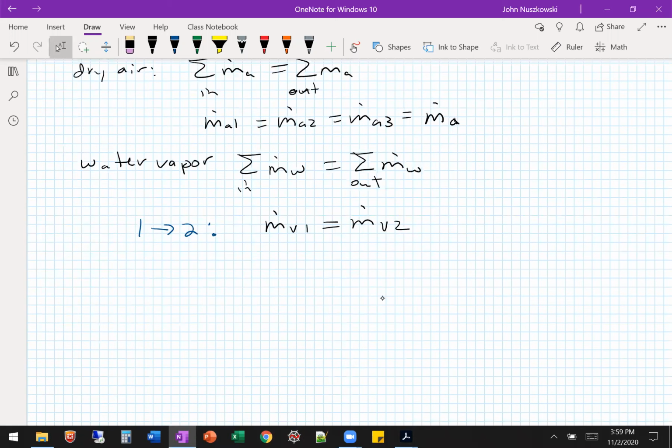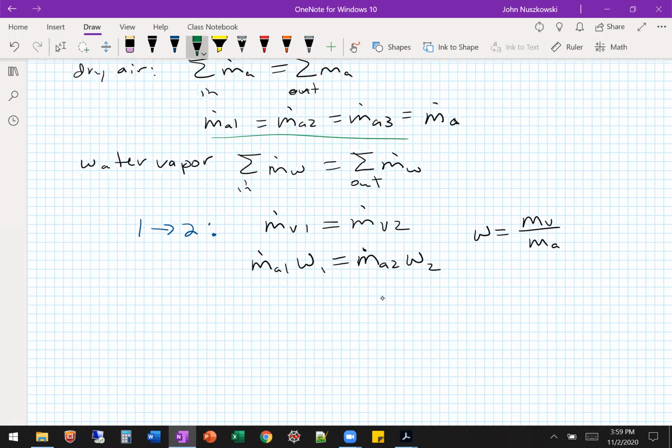If we put in our specific humidity, this becomes dry air at 1 times specific humidity at 1, dry air at 2 times specific humidity at 2, and with the same cancellation we saw above, the mass flow rates are the same. So our specific humidity is the same.